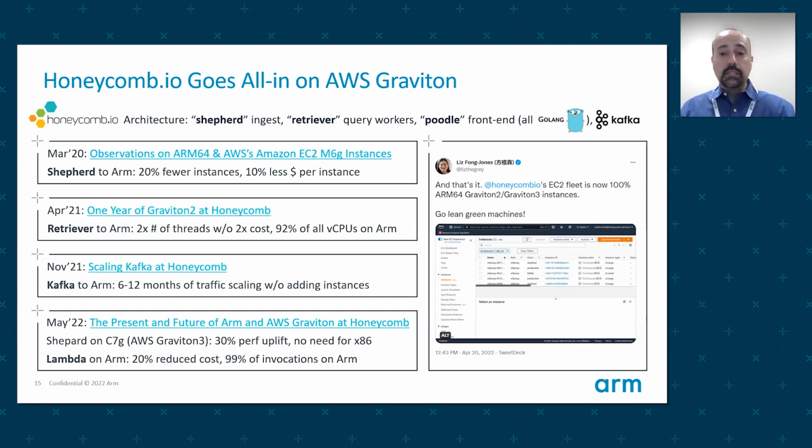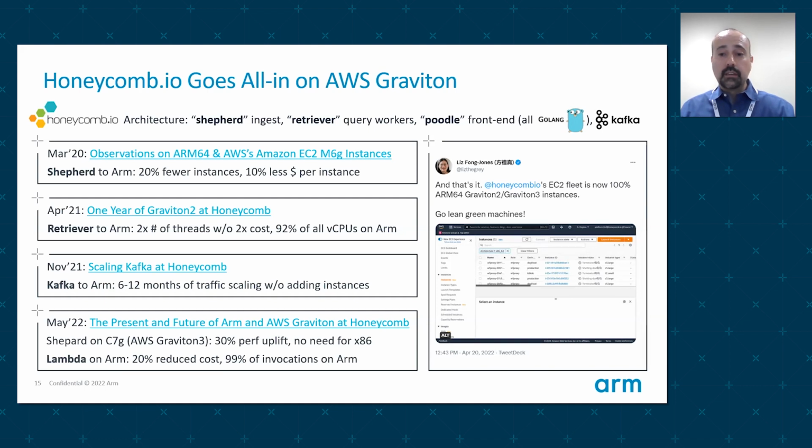And by this point, they had moved 92% of all their vCPUs to Arm. Next, they moved Kafka. And this was really about finding the right instance size to scale Kafka cost effectively. They ended up using the storage optimized Graviton instances. And the nice outcome here is that they gained another 6 to 12 months of growth capacity without increasing their instance fleet costs.